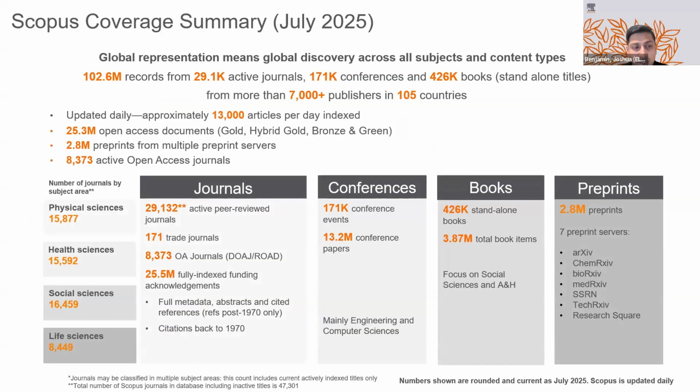When we break down the journals, we have 15,800 journals covering the physical sciences, 15,592 covering the health sciences, 16,459 covering social sciences, and 8,449 covering life sciences. We also have data from conference events: 171,000 conference events, around 13.2 million conference papers, as well as preprints and books once again.